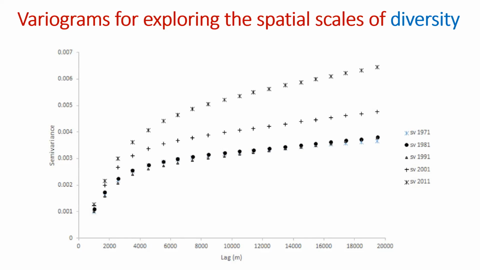And so we wanted to do something a little bit different to make use of the grid cells and exploit their properties for being able to think a little bit about the changing spatial scales of diversity. And that was to use variograms, which are very uncommon in the social sciences and in population studies.